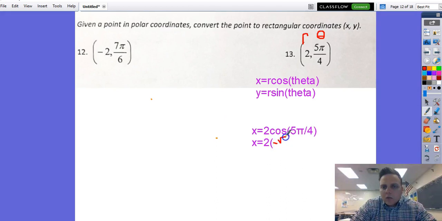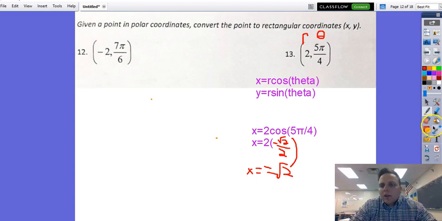When you multiply 2 times negative square root of 2 over 2, the 2 on top and the 2 on bottom cancel. So we're left with x equaling negative square root of 2. Oh boy, my handwriting is bad.